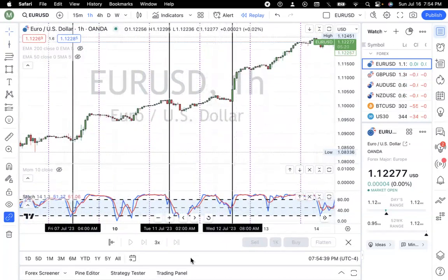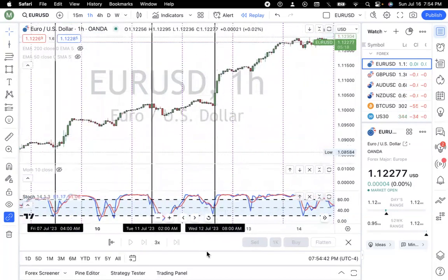In this example, we can see the stochastic has two things happening. We see the blue is above the orange, the blue is above the red. The buyers are above the sellers, so that's one confirmation for a buy. Now, we can see that the blue line has also crossed above the 80% line.